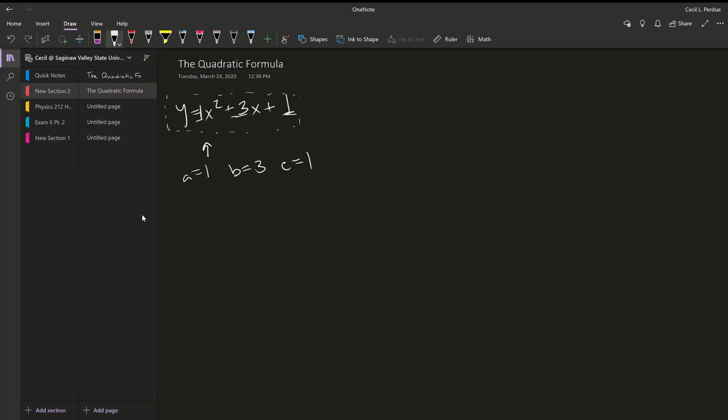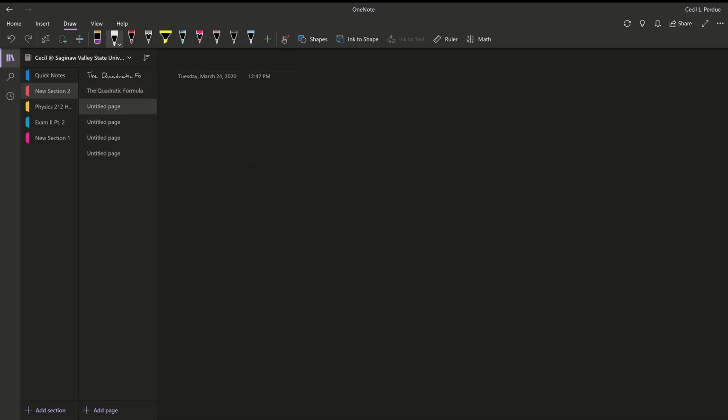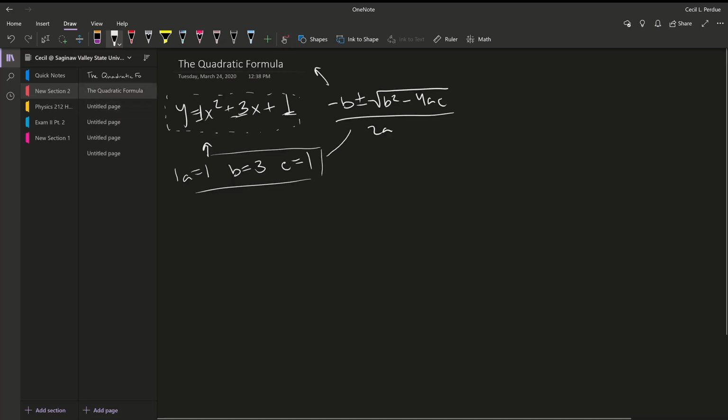And so the equation for the quadratic formula itself is negative b plus or minus the square root of b squared minus 4ac, all over 2a. And so we're just going to take these numbers we got and plug those into there.